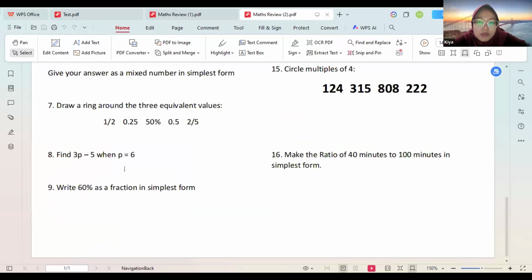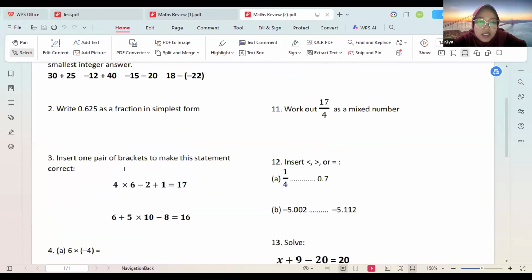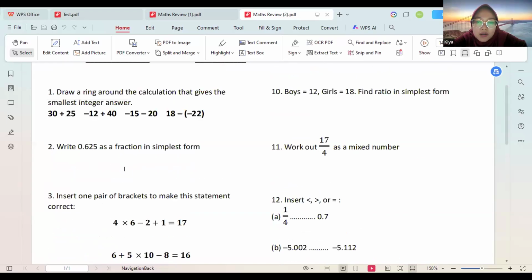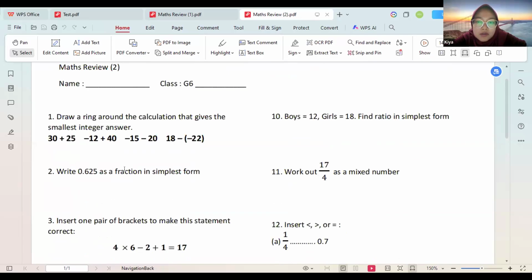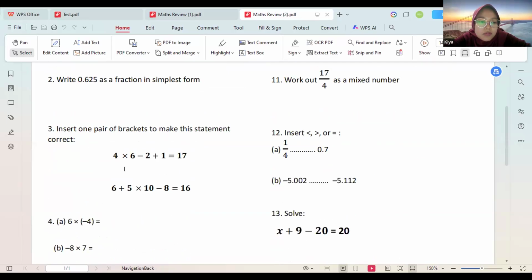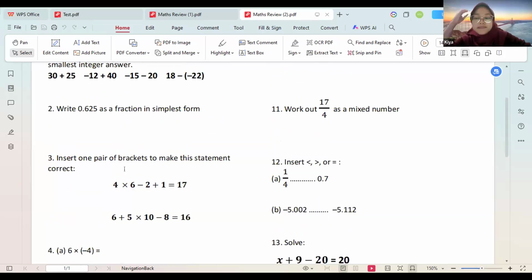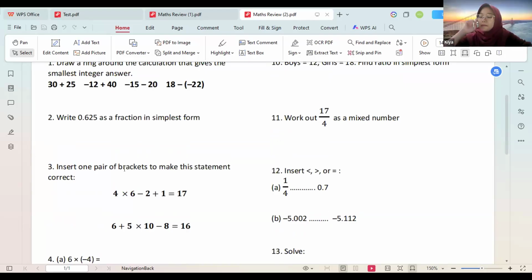So how about the next number? Just do number 2. It's a fraction.